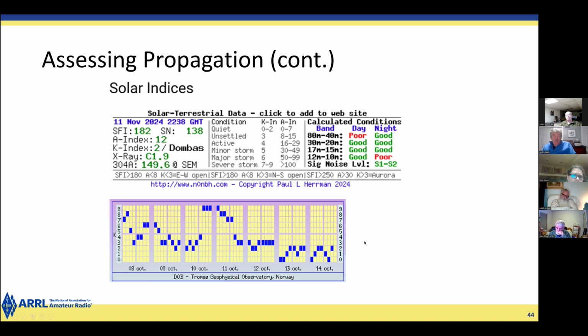This chart on the bottom shows the K index at different points for the last week, and you can see that it varies somewhat. You can see that on the 10th and 11th of October, it was very high.